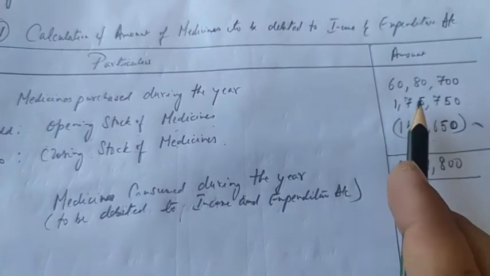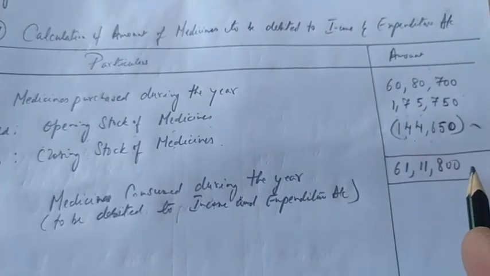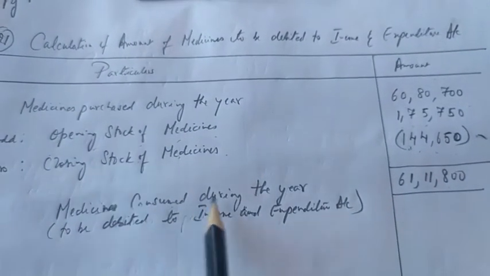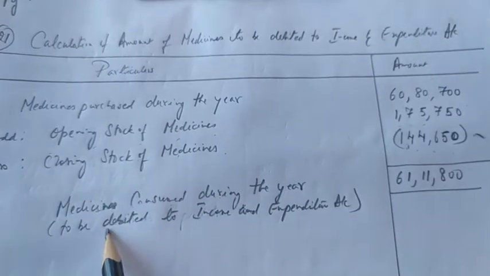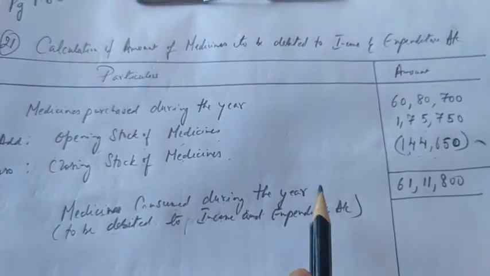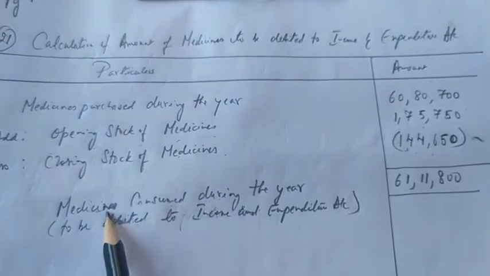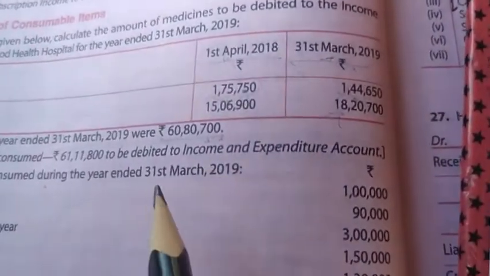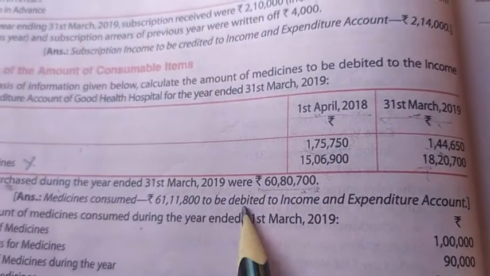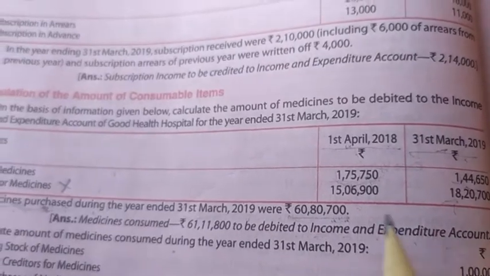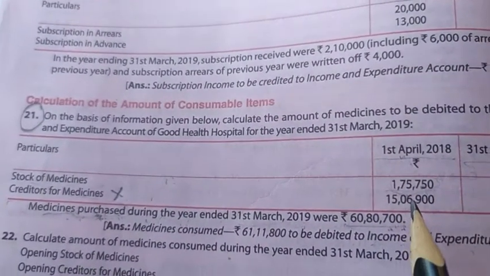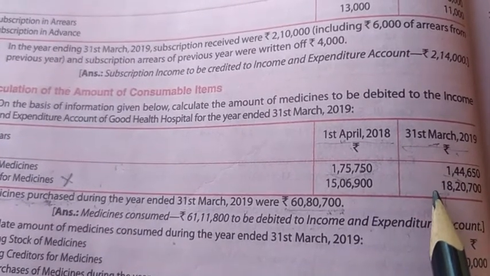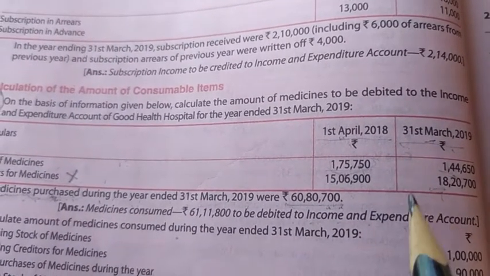And as we do the computation, the amount that comes is 61,11,800 is the medicines consumed during the year, and this is the amount which you will be debiting to income and expenditure account on the expenditure side, since medicine consumed is an expenditure. You can match it with the answer over here. So this is the amount which is to be debited to income and expenditure account. In this case, we should not be considering the creditors for medicines, and the reason for that I have already explained to you.